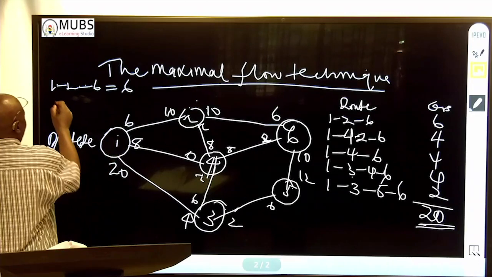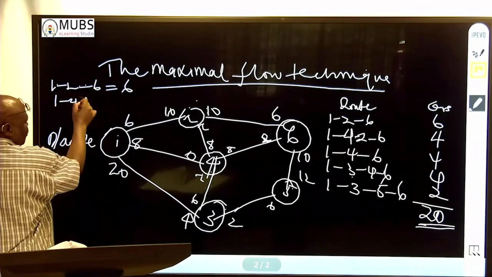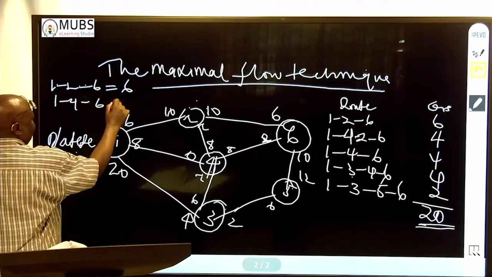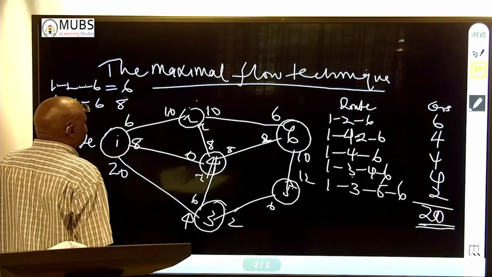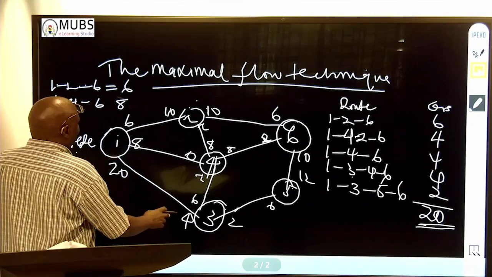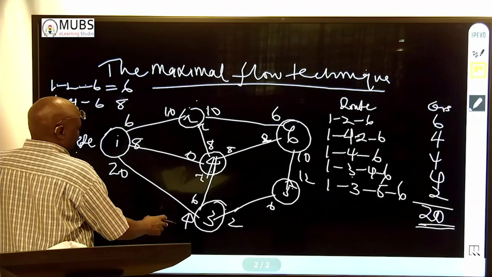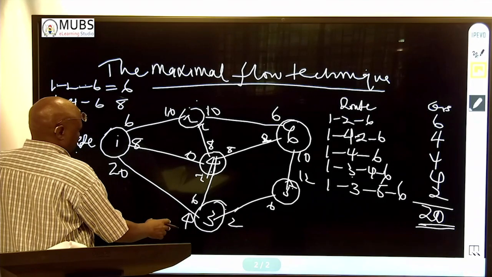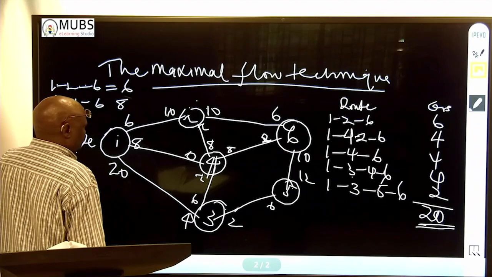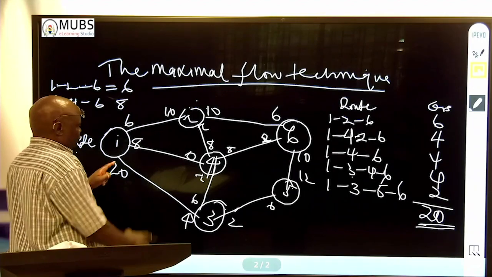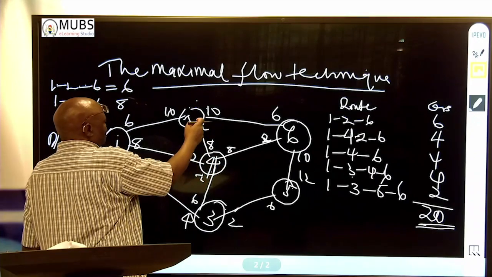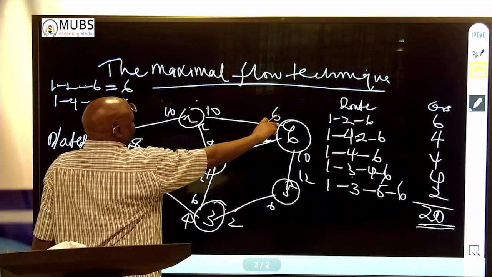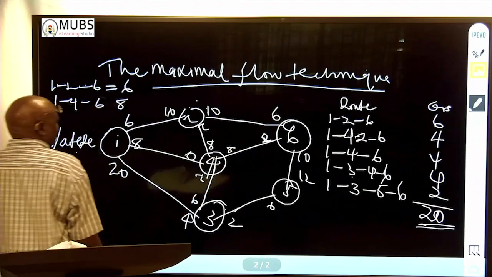Then 20 would allow 6, and only 4 would be allowed the other direction because 6 have passed.